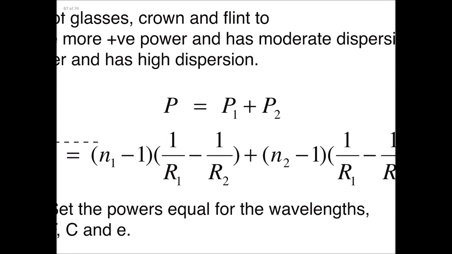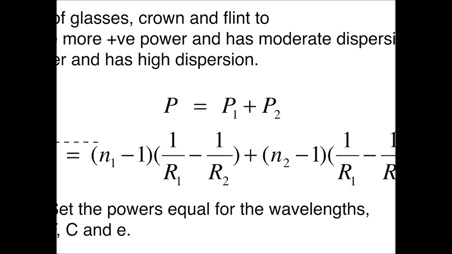Now, if you remember from the matrix formulation for refraction at a spherical interface, the second term in the first row was the definition of the power. That's how we derived the lens maker's formula, a relationship between the refractive index that makes up the lens and the two radii of curvature.